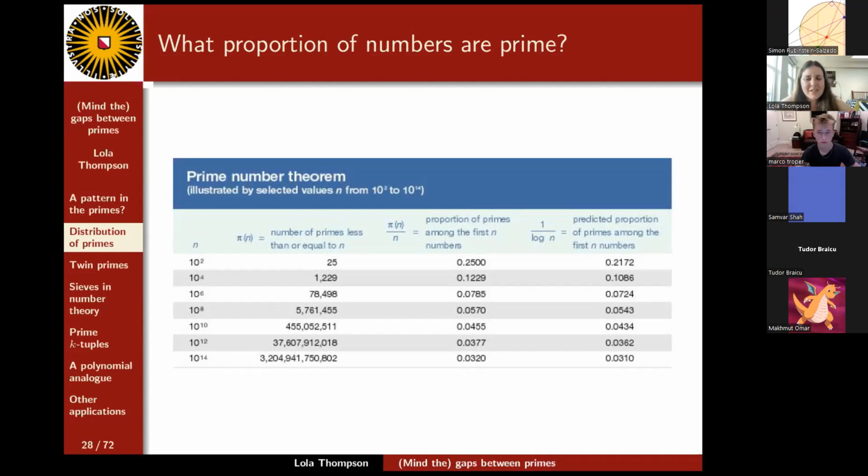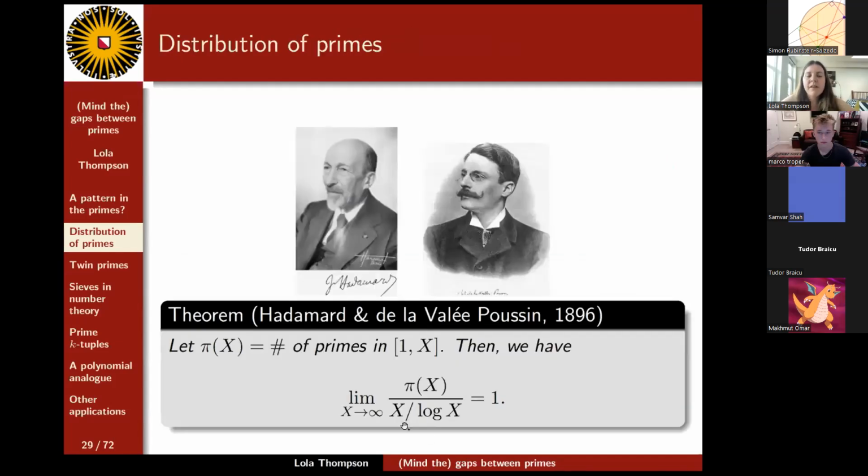You might ask yourself, well, is 3% the correct percentage of primes? And it turns out that it was actually proven that if we look at the number of primes between 1 and x, this function grows like the function x over the natural logarithm of x. So that's what this means here.